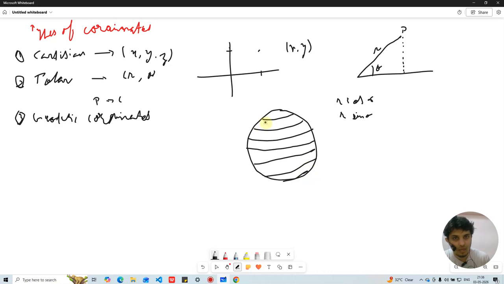And then we have also divided the earth longitudinally. So let's say like this, and now try to imagine it in 3D. If I want to locate any point on this grid, here is the point.